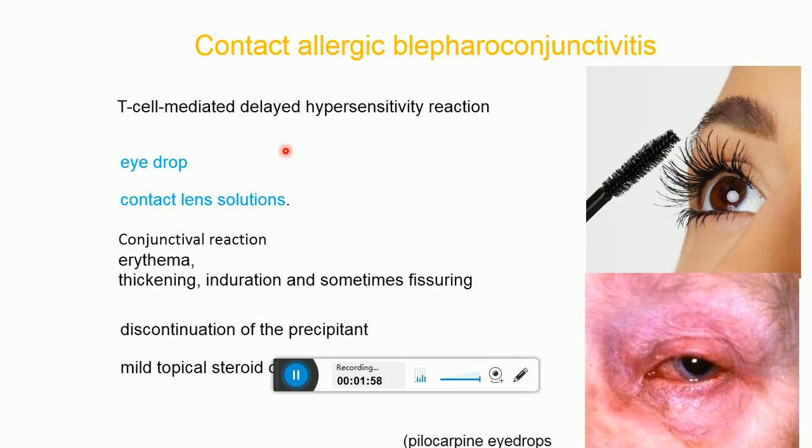There may be a conjunctival reaction, but signs predominantly involve the eyelid skin: erythema, thickening, induration, fissuring. Treatment is discontinuation of the precipitant, and a mild topical steroid is also helpful. So this was contact allergic blepharoconjunctivitis.